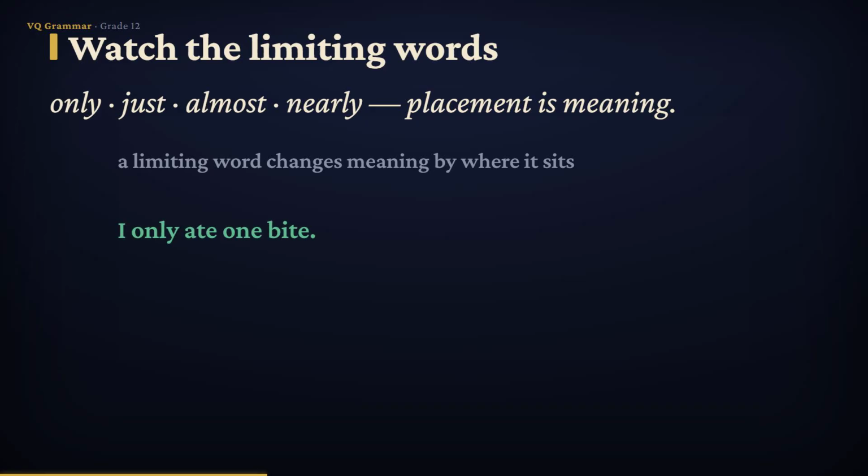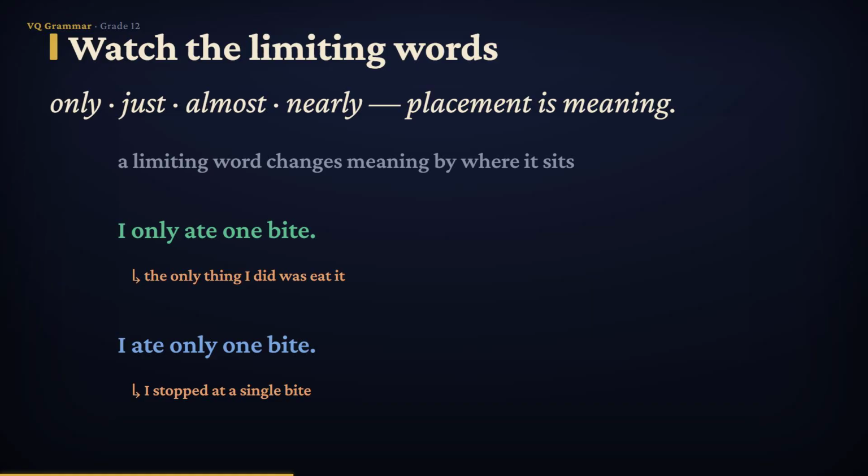I only ate one bite. Strictly, that says the single thing I did was eat it. I didn't cook it or serve it. I only ate. Now, I ate only one bite. Here, only limits one bite, meaning I stopped at a single bite. Two different claims from the very same four words.